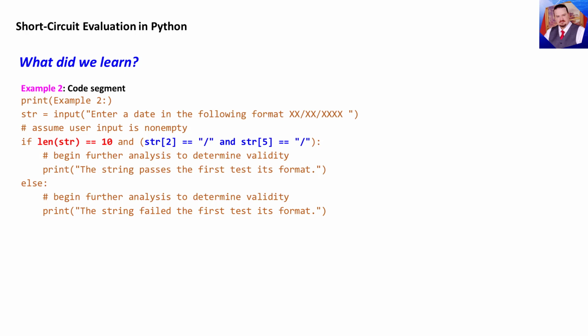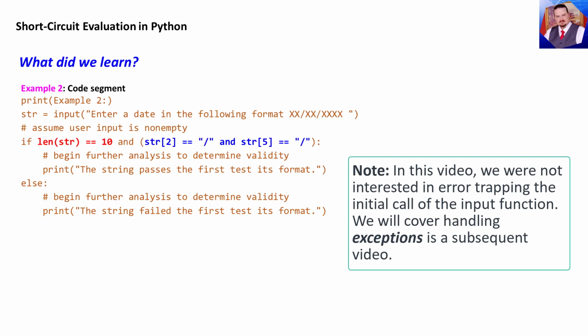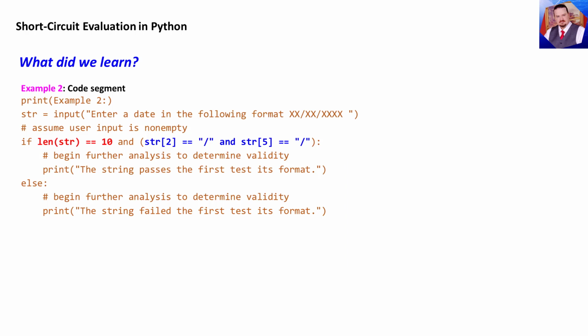The interpreter is very efficient. It didn't bother checking the truth or falsity of the statement here in blue, which is Q. So this was in fact the problem with example 1. Again, short-circuit evaluation helped us. Why? We didn't have to write extra code to check to see if these offsets existed in the string. We were protected from that by short-circuit evaluation.